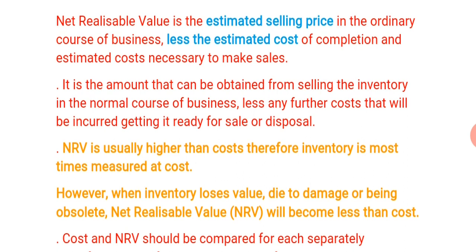Now NRV obviously has a margin on top that you would get as profit or gain from selling your product, or that anybody would expect to get as gain from selling his product on the cost of the item. So most times NRV is higher than cost, and NRV is net realizable value.